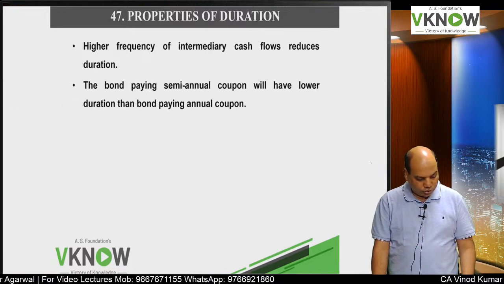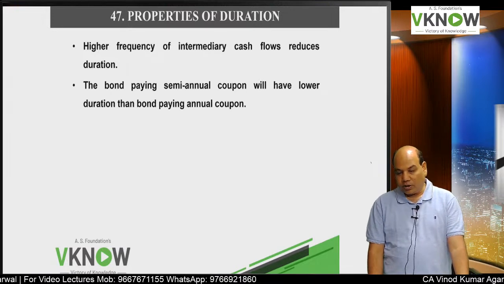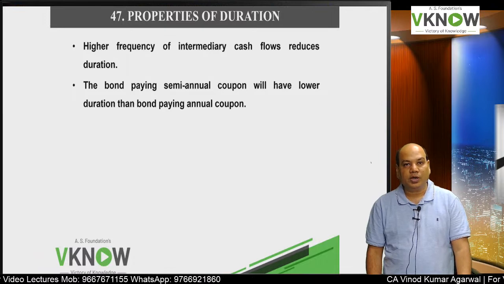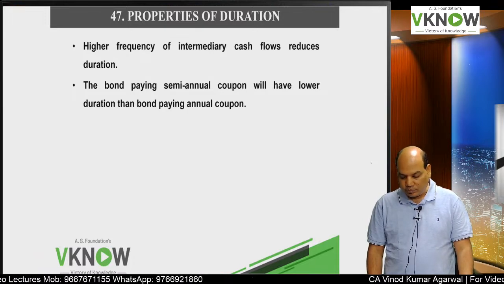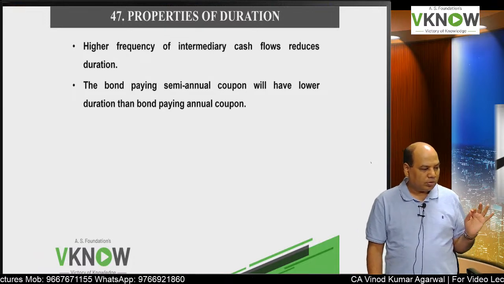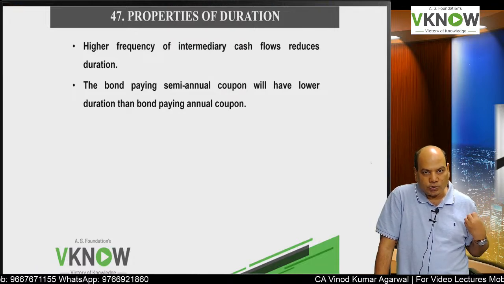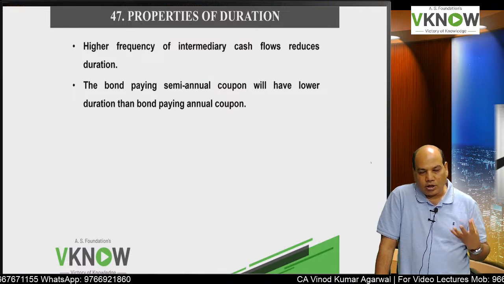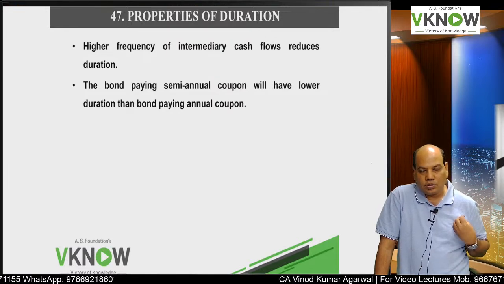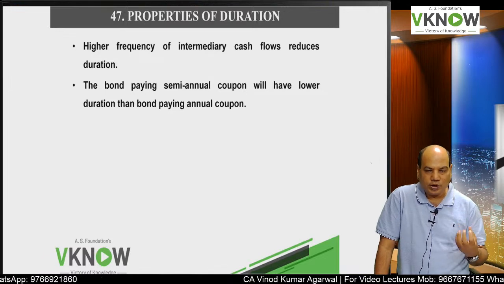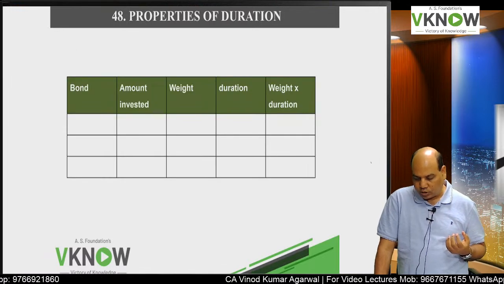So I have written this note also. The semi-annual coupon paying bond will have lower duration than the bond paying annual coupon. Here I am not taking a question because it is very easily understandable. If you receive cash flow in 6 months and if you receive cash flow in 12 months, the one received in 6 months is received early, so therefore its duration would be lower.